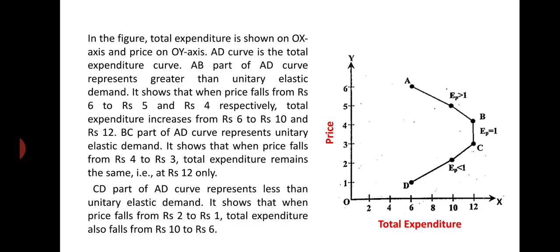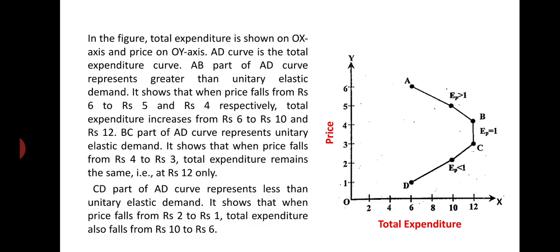Then come to the third part, that is the CD part of the AD curve. It represents less than unitary elastic demand. It shows that when price falls from 2 rupees to 1 rupee per unit, total expenditure also falls from 10 rupees to 6 rupees. Right?